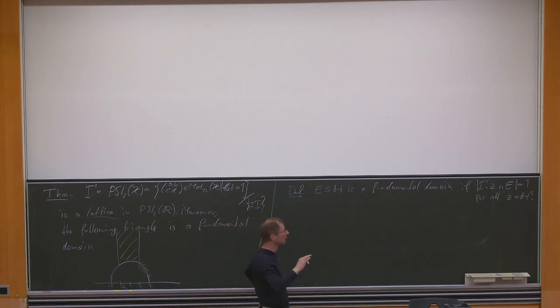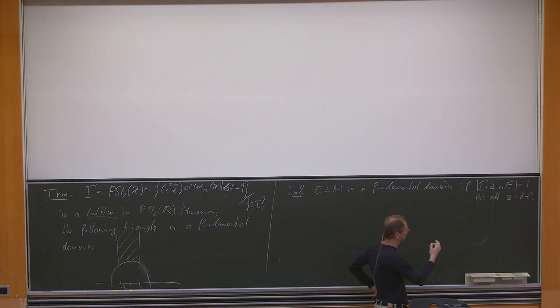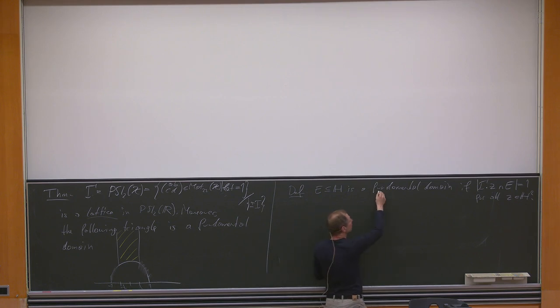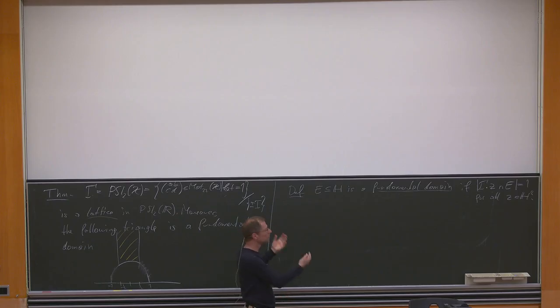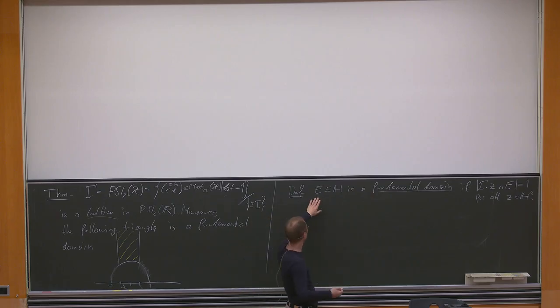So if you're trying to understand the quotient H2 mod gamma, and you have such a fundamental domain, you could just, in some sense, say my quotient is precisely this fundamental domain. Of course, potentially with a different topology, different geometry than when we think of this as a subset of H.